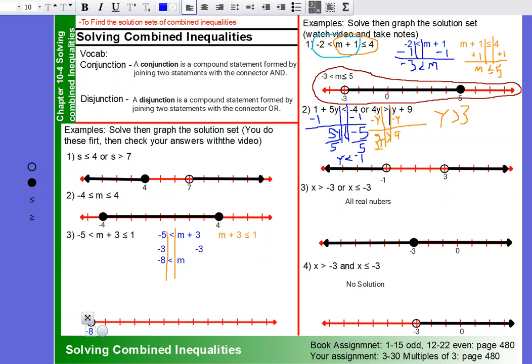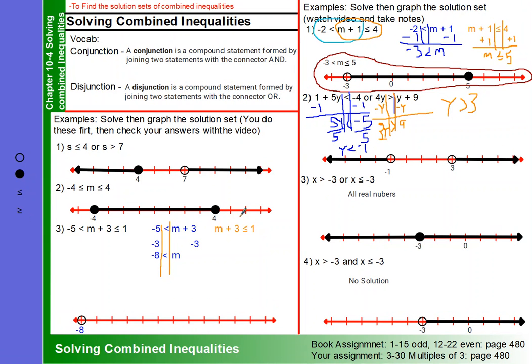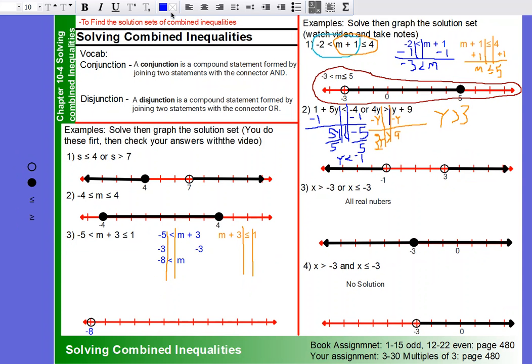Now moving on to the orange equation. The first thing I'm going to do is subtract 3, just like I did in the previous side, minus 3. And that's going to leave us with m.